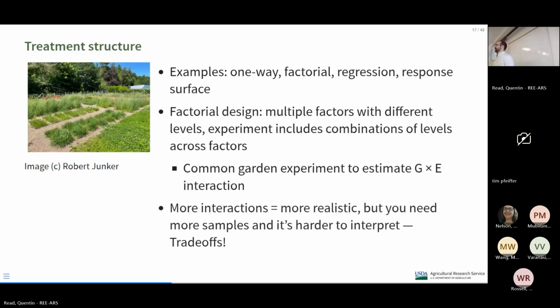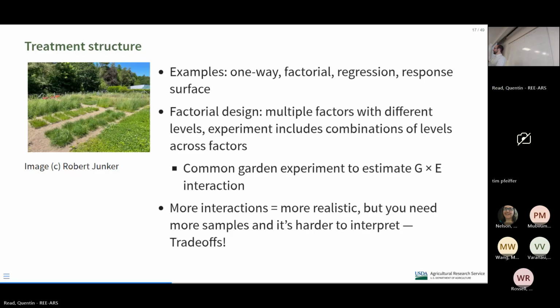And obviously, in the real world, things are subject to all influences from the environment at once. It's not just one variable. So the more interactions you want to include in an experiment, we could argue that's more realistic because many different things can be changing at once in the environment. But once you get to very high order interactions, 3, 4, well, first of all, it's the curse of dimensionality.